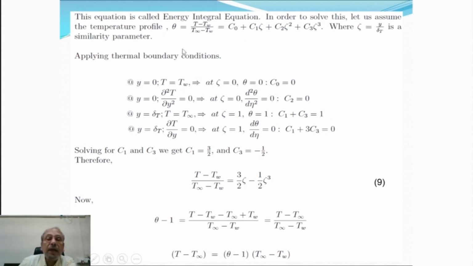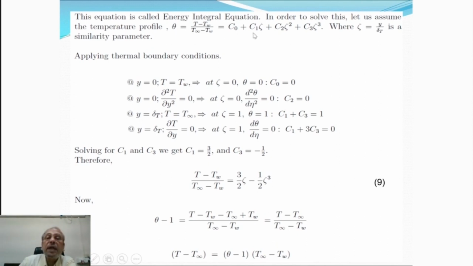And then again at y equal to delta t, the edge of the boundary layer, dT dy is 0. That means at xi equal to 1, this term should be read as d theta d xi, not d theta d eta. Please correct this also; it is a typographical mistake. So d theta d xi equal to 0.